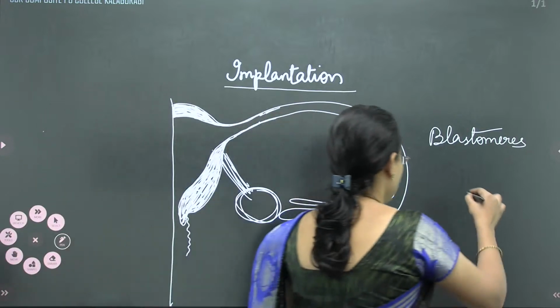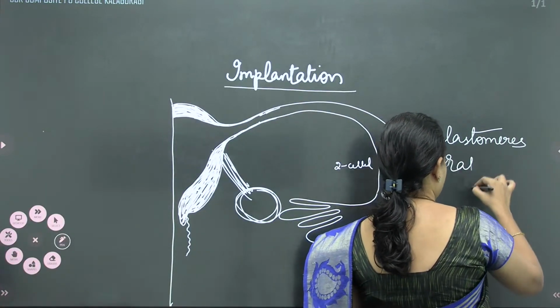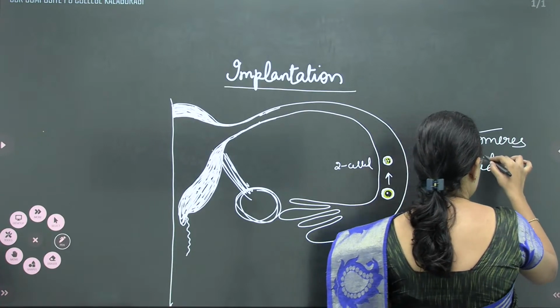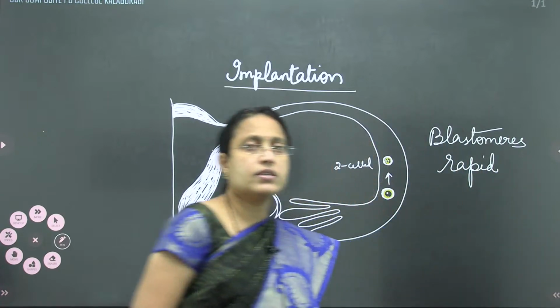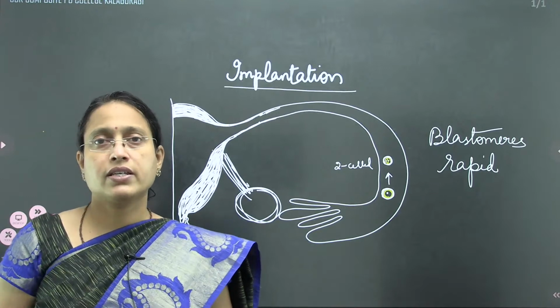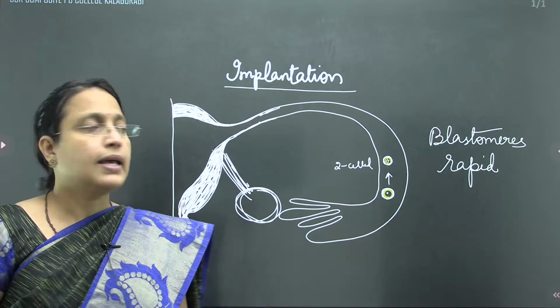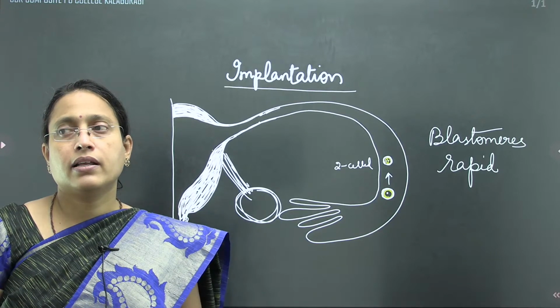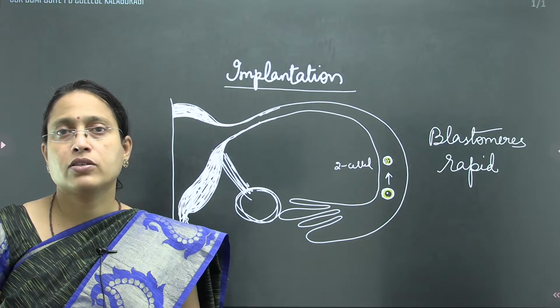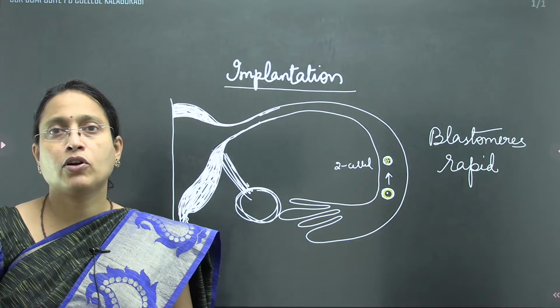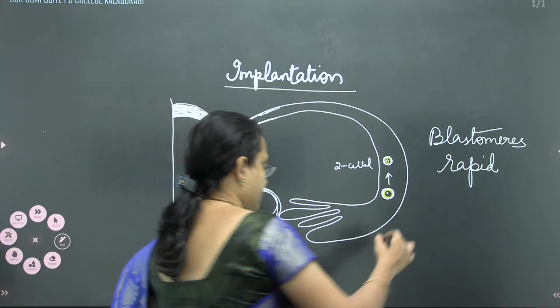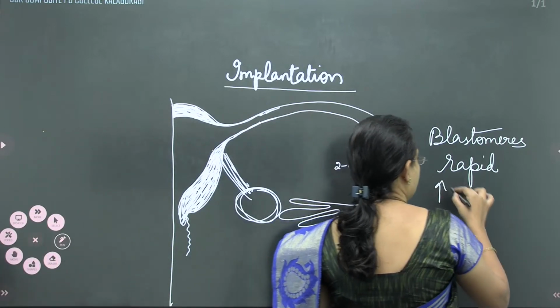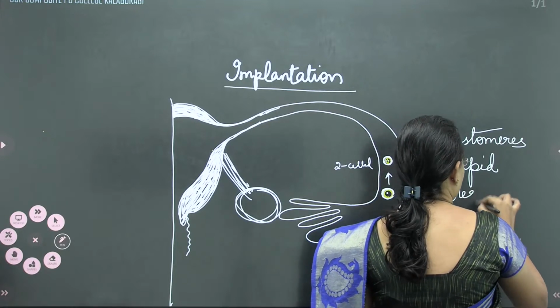Cleavage is a rapid process. It is not a very slow division. Comparatively, it is rapid. Since cleavage is rapid, there is a lot of demand for oxygen, so there should be an increased requirement of oxygen.